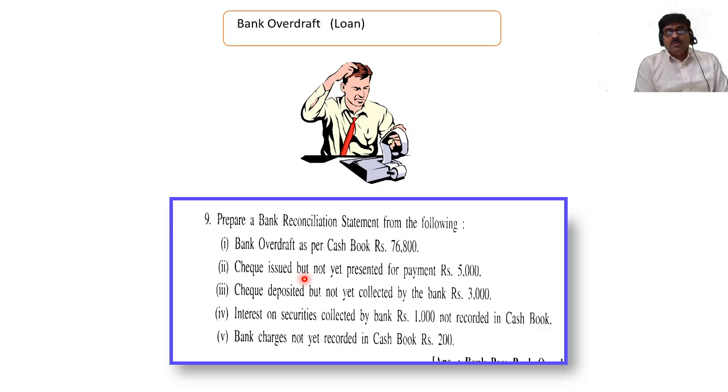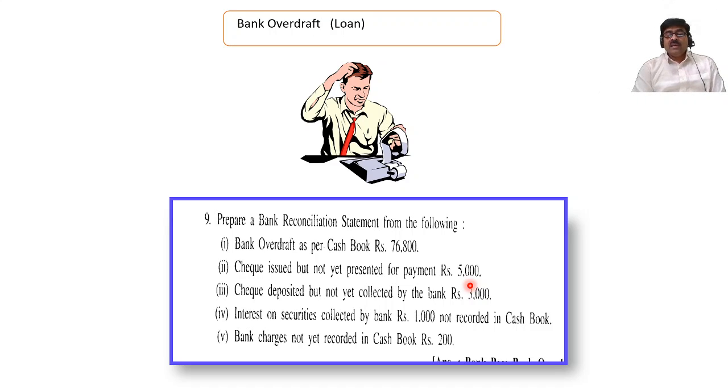Check issued but not yet presented for payment 500. When a check is issued by the customer, immediately he enters this entry in the cash book on the credit side. Already overdraft is there, 76,800. We are further issuing a check, means further increasing the overdraft balance.